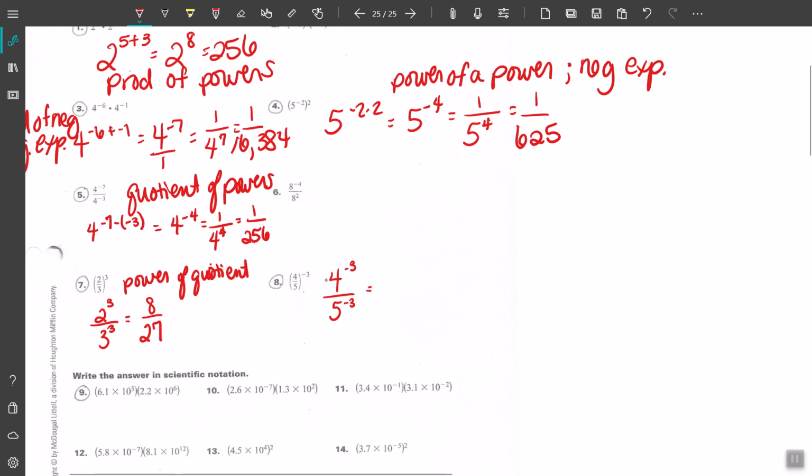So in other words, in order to make the 4 to the -3, 4 to the +3, I have to put it in the denominator. In order to take 5 to the -3rd and make it 5 to the +3rd, I have to put it up in the numerator. And then we'll end up with 125 over 64.